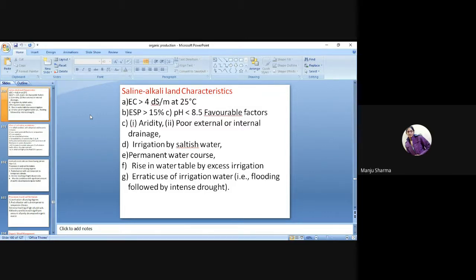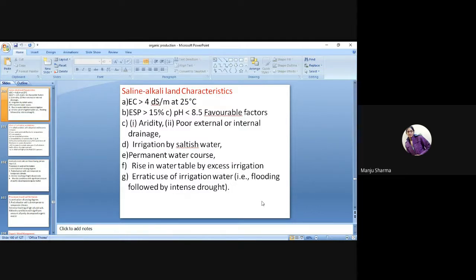Then the causes: aridity, poor external or internal drainage, irrigation by saline water, permanent water source, and rise in water table by excess irrigation.